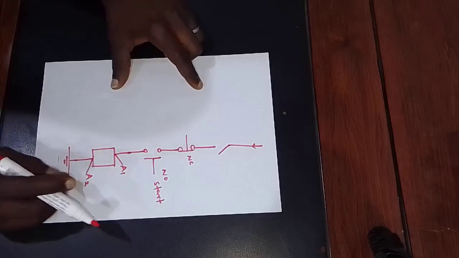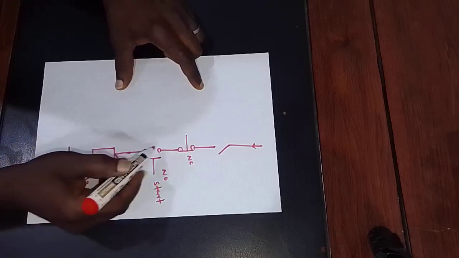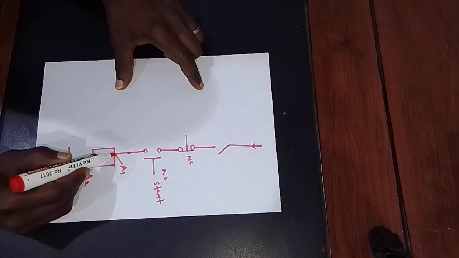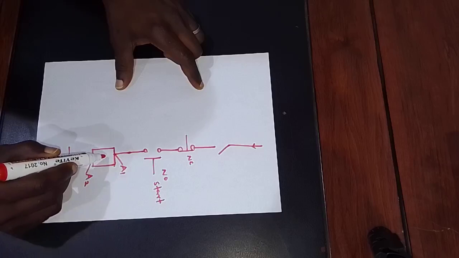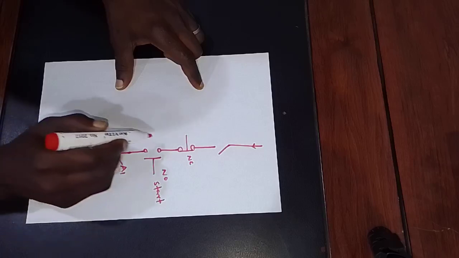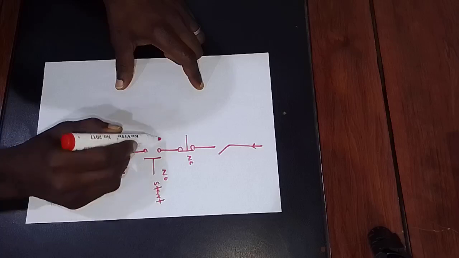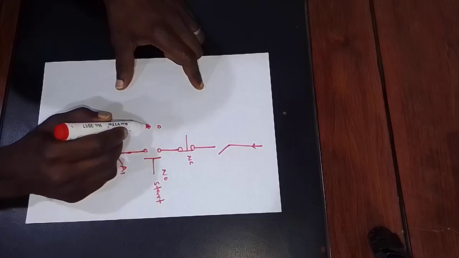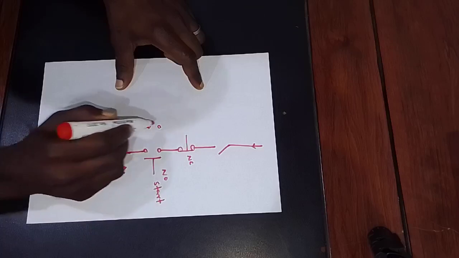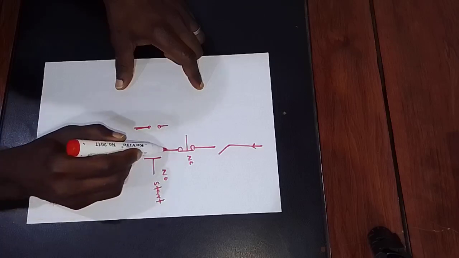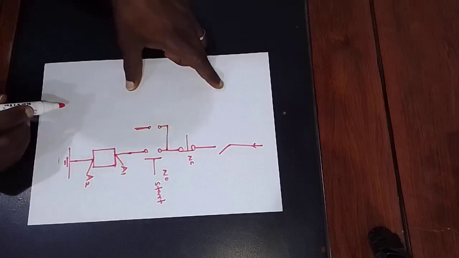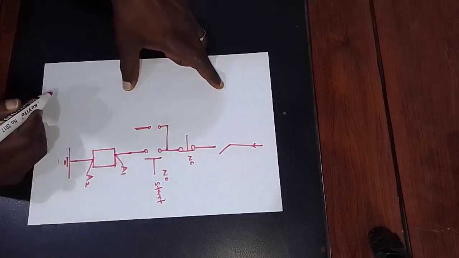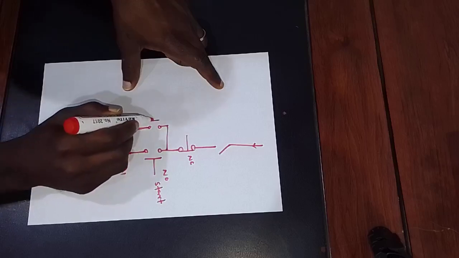Now, to sustain the coil in the energized state, we need to take a branch from this position to one of the contacts of the auxiliary contact that is attached to the contactor, which is also normally open.